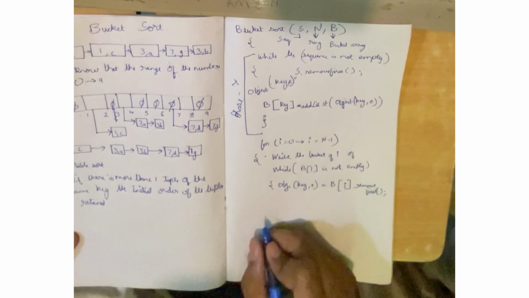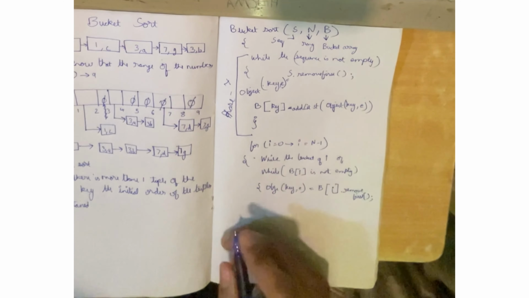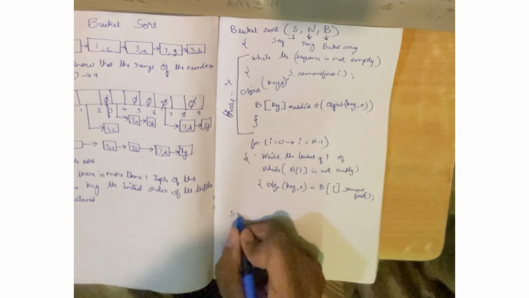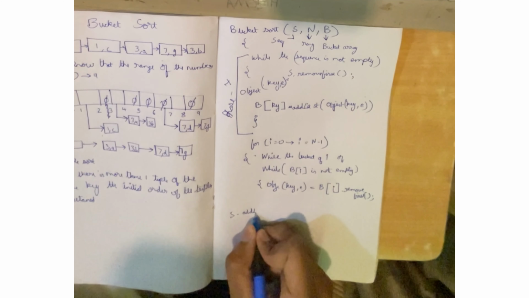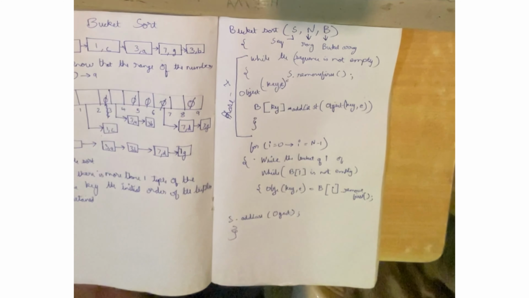Now once I have removed that element, I will add this element to the end of our sequence. Note that over here our sequence has become empty. So now we can start adding these elements back into the sequence. So we say S.addLast object, and with that we come to the end of phase 2, because we're going to do this for all buckets.